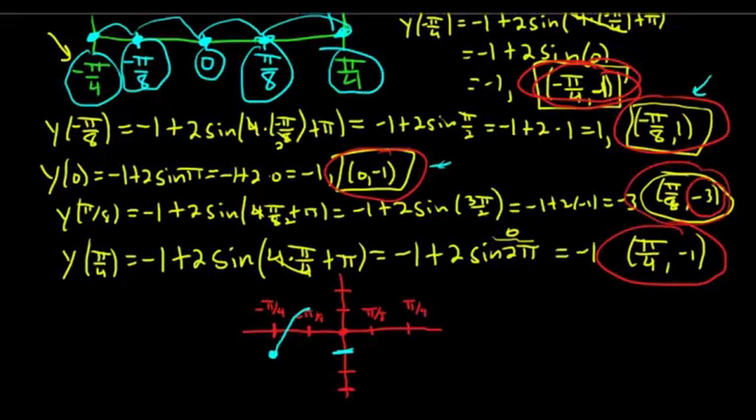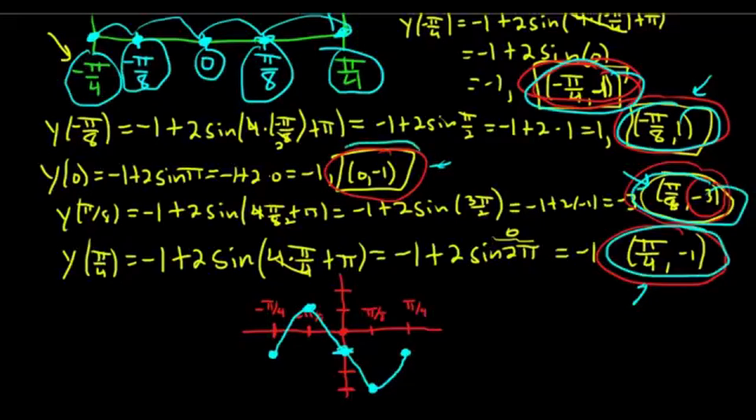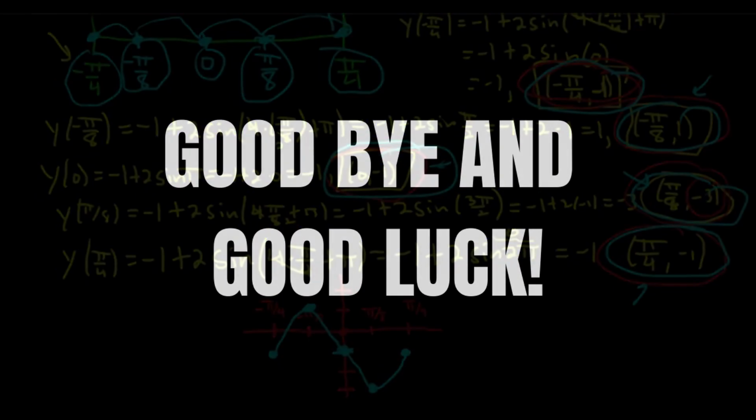So that's the next one, so it's going to be down here. And then pi over 8, negative 3. That's going to be down here. And last but not least, pi over 4, negative 1. So just carefully connect these dots and make what looks like a wave function. And that's it.